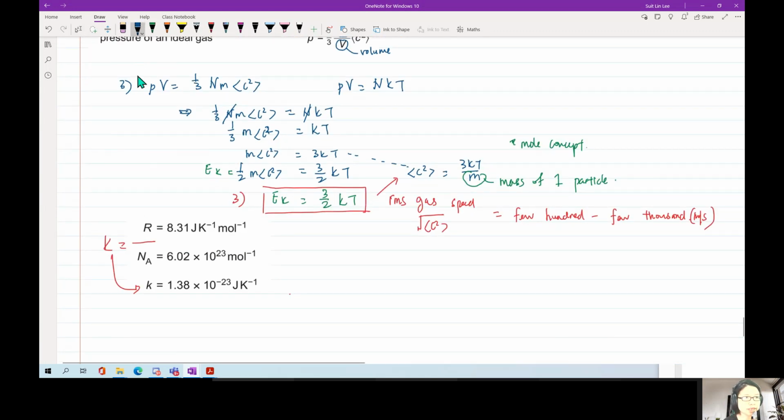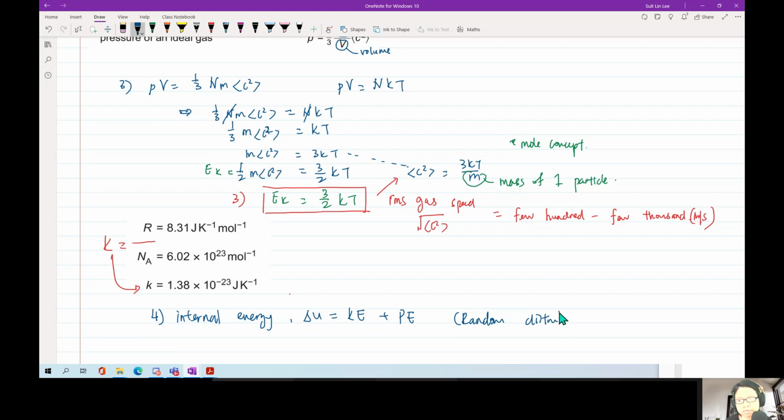The fourth one would be internal energy. For ideal gas, internal energy is equal to Ek. But if you want to define it, internal energy is Ek and Ep, and make sure you talk about the random distribution of gas motion.